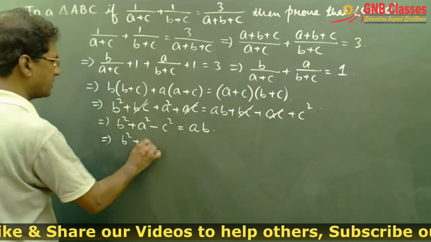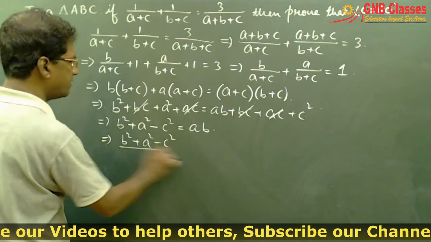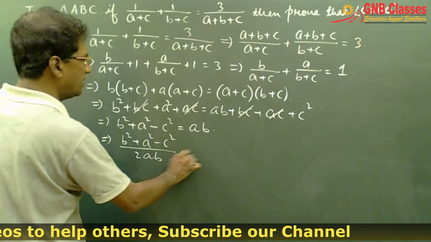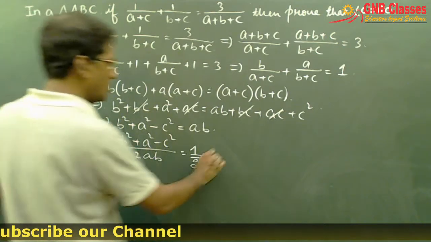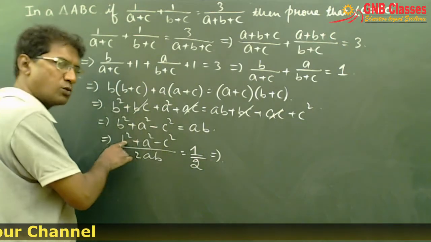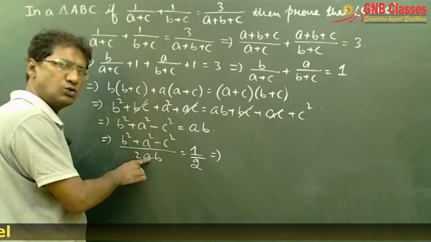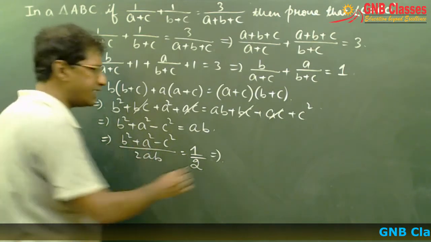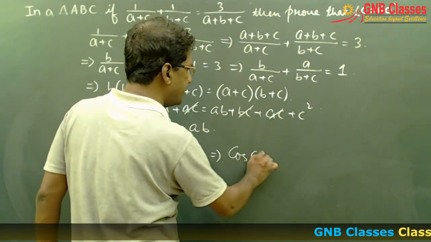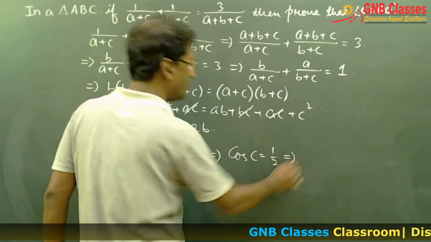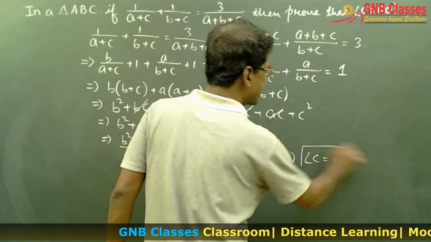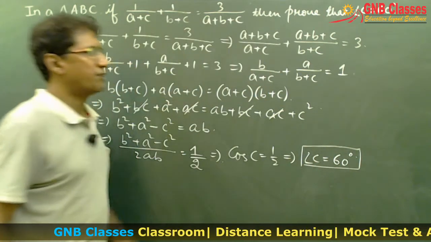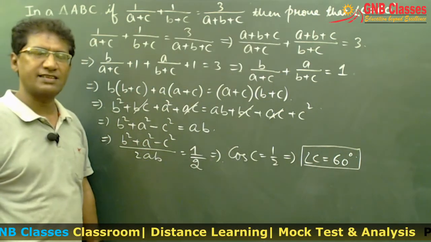So (B square plus A square minus C square) divided by 2AB will give you 1 by 2. This is nothing but your (b square plus a square minus c square) divided by 2ab, which is nothing but your cos C. Therefore, cos C is half. That implies angle C is 60 degrees. Is it clear? Therefore, your angle C is 60 degrees, proved.